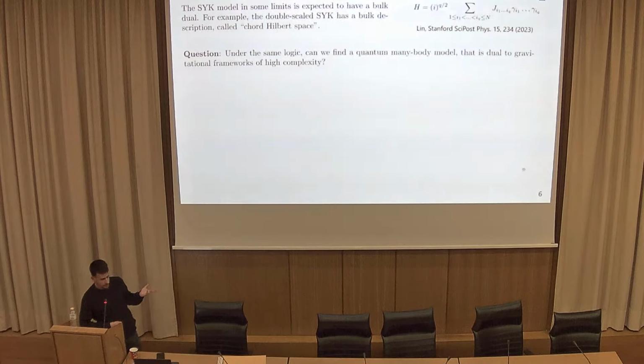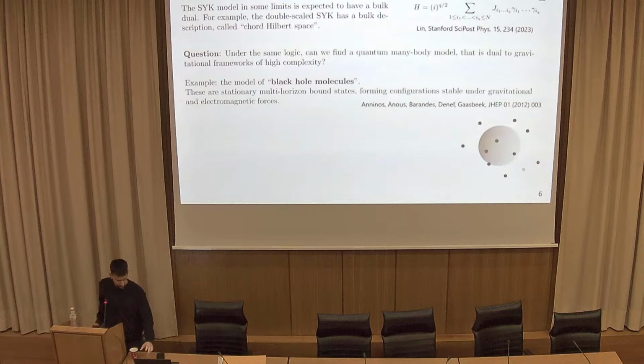But under the same logic, we want to ask whether we could find another quantum many-body model that could be dual to a gravitational theory or framework of high complexity. This comes from some work like this, probably the first discussing these ideas. There were also some follow-ups.